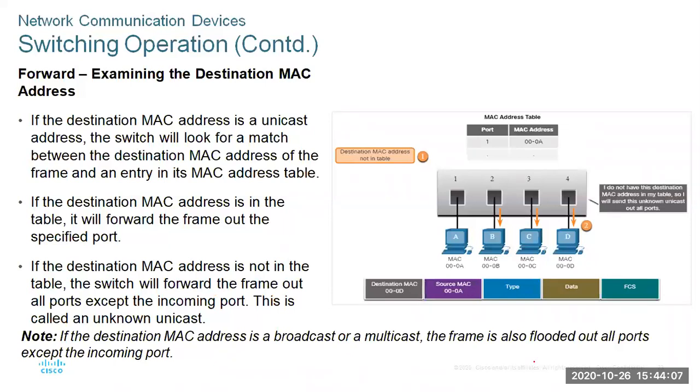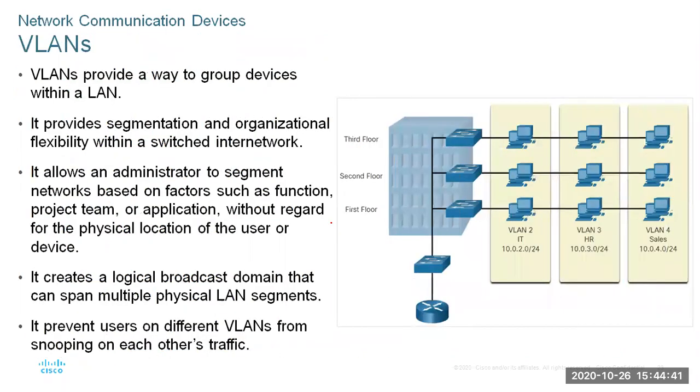Once it sends the broadcast, it goes to B, C, and D. The device that responds, if the destination MAC address is in the table, the switch will forward the frame out through that specific port. But if it is not, it's going to flood it. If the destination MAC address is a broadcast or a multicast, the frame is also flooded out of the ports.